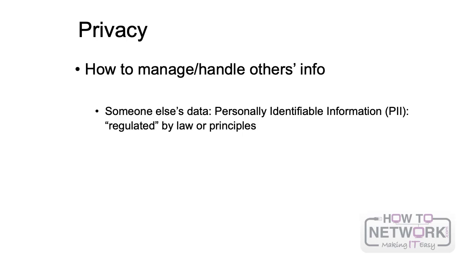And the thing about personally identifiable information is that it is regulated by law or "principle." The reason I put it between quotes is because you can't regulate principles, right? But there are some ethical concerns involved in how the information is being kept, how it is being shared, how it is being collected.